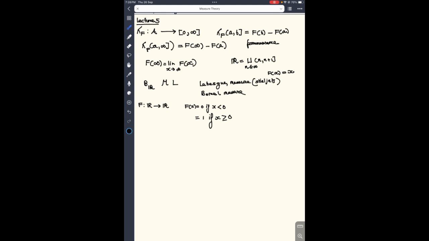This is an increasing right continuous function. So this is finite actually. So there is a unique extension by the characteristic extension theorem up to the Borel sigma algebra. So let's call this mu F of A.